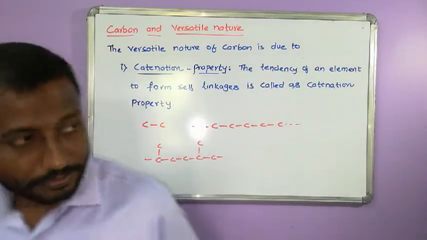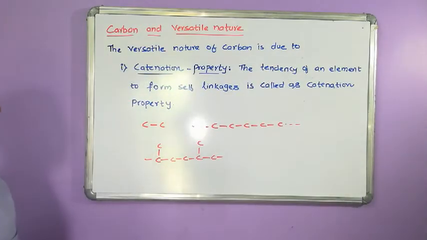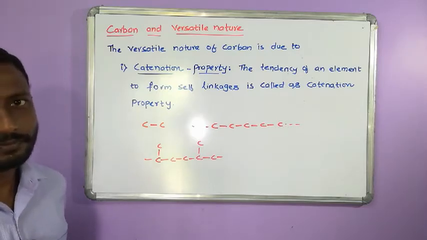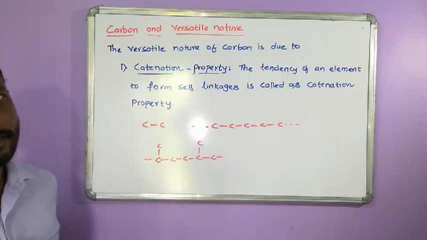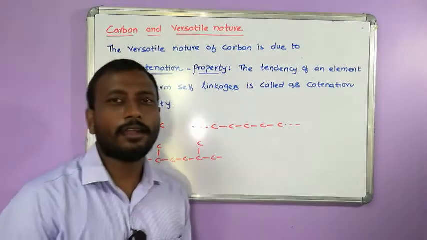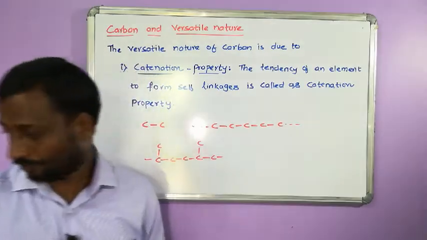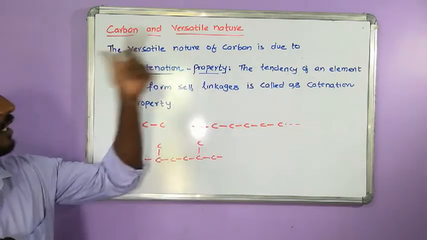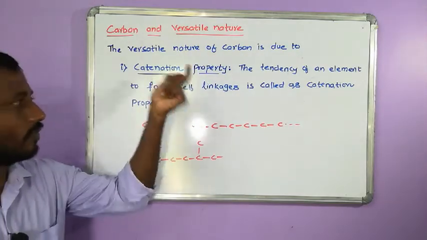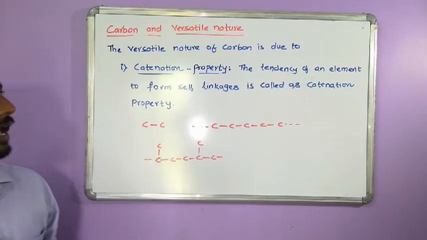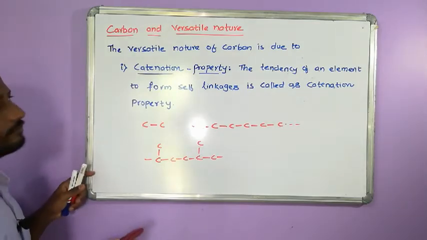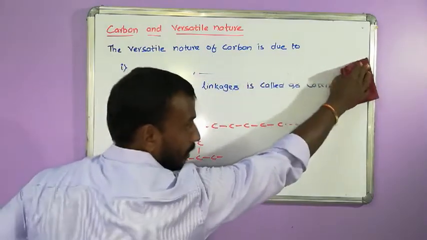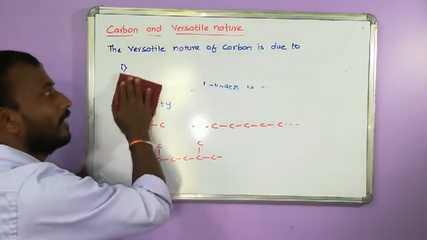Okay. Then what is the second property? The second property is tetravalent nature. The reasons for the versatile nature of carbon are, one, catenation property and the other, tetravalent nature.